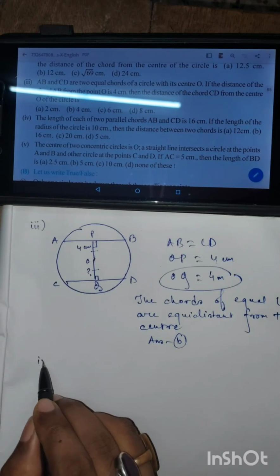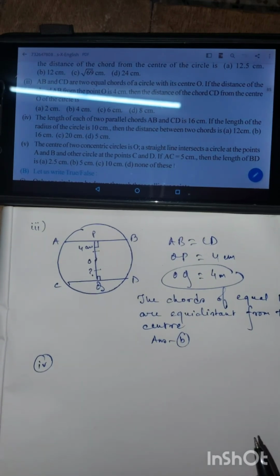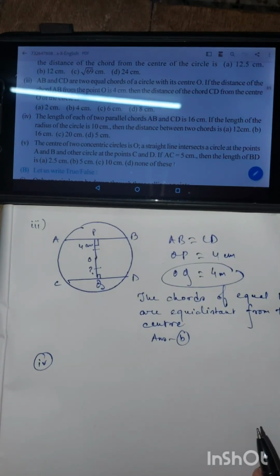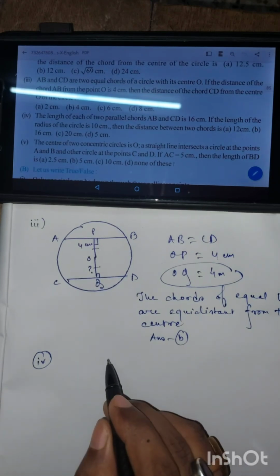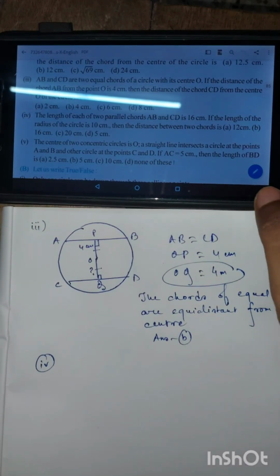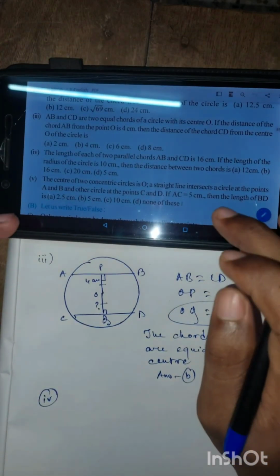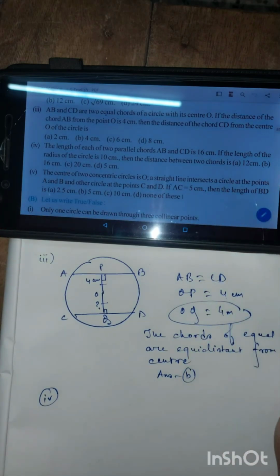Now question number 4. The length of each of two parallel chords AB and CD is 16 centimeter. So both chords are equal. If the length of the radius of circle is 10 centimeter, then the distance between the two chords. I hope you can see question number 4.